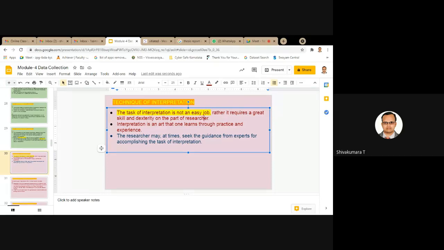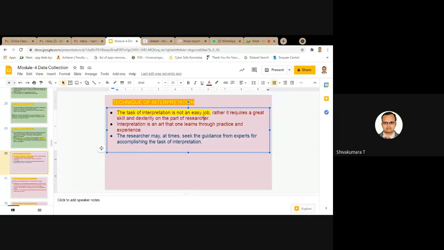You need to establish a connection between variable and variable, process and process, and you also need to compare your findings with other findings of the same research work. If you fail anywhere in this task, your interpretation will end up with something else. So it requires great skill and dexterity on the part of the researcher.